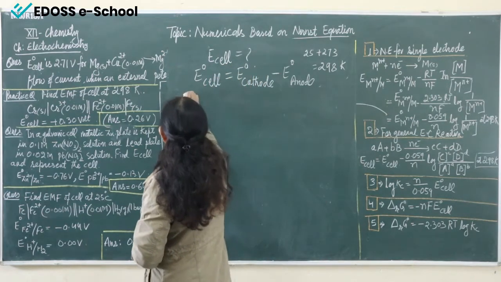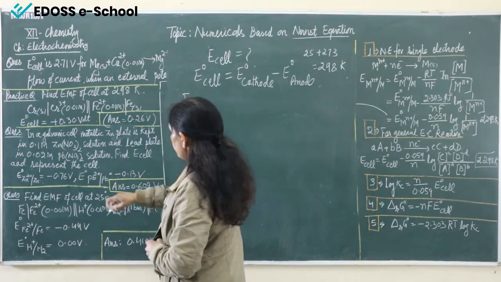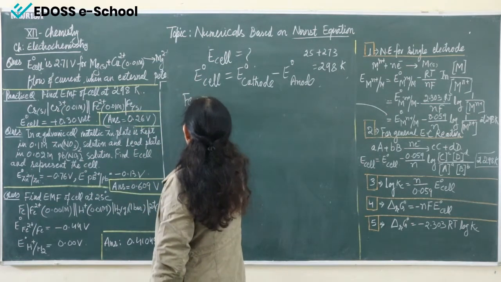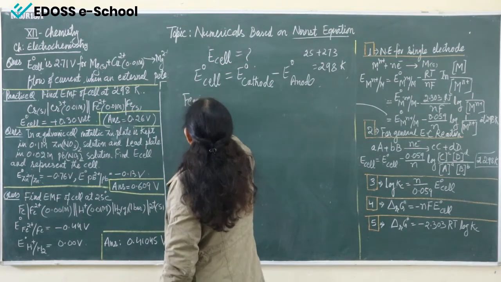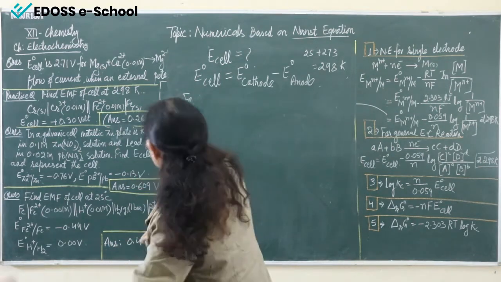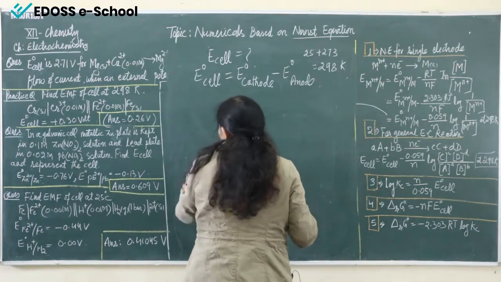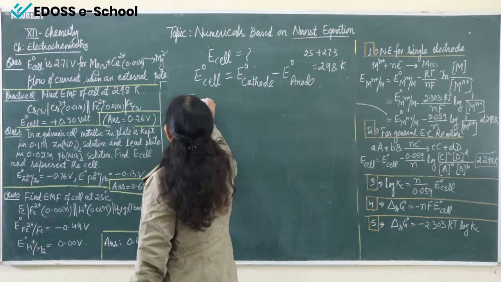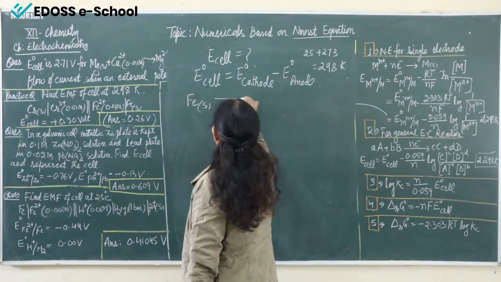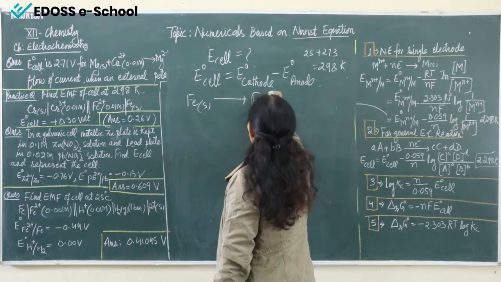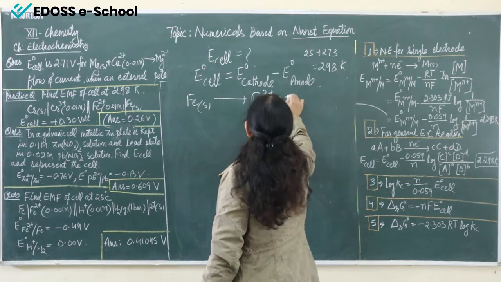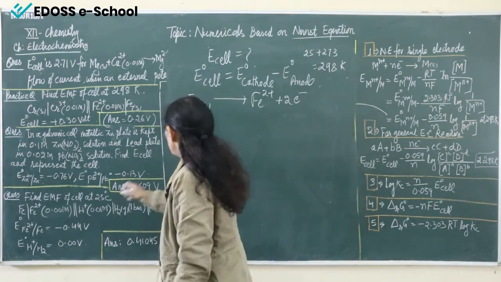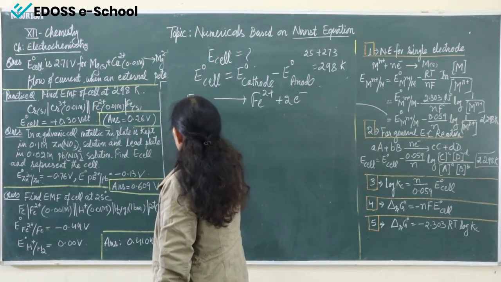Okay, so first of all we will write the equation here. So this is Fe. Fe is converting into ferrous ion. So we will write it in this way. This is Fe, this is solid, and this is converting into Fe2 positive, and 2 electrons are being given. Okay, and hydrogen is H positive. So we will write here H positive.